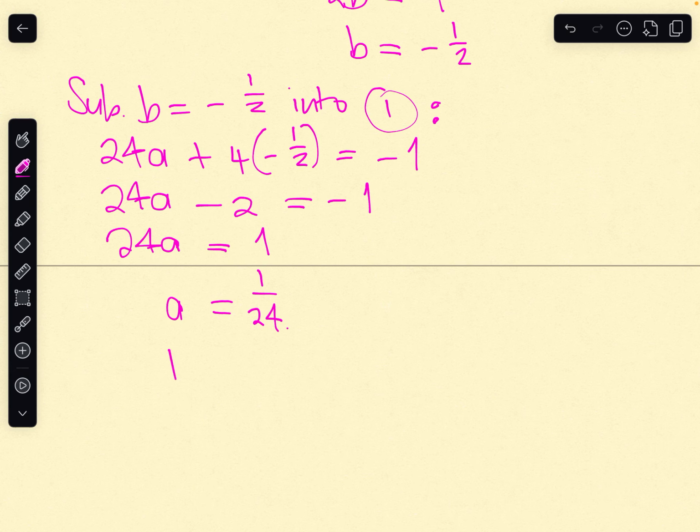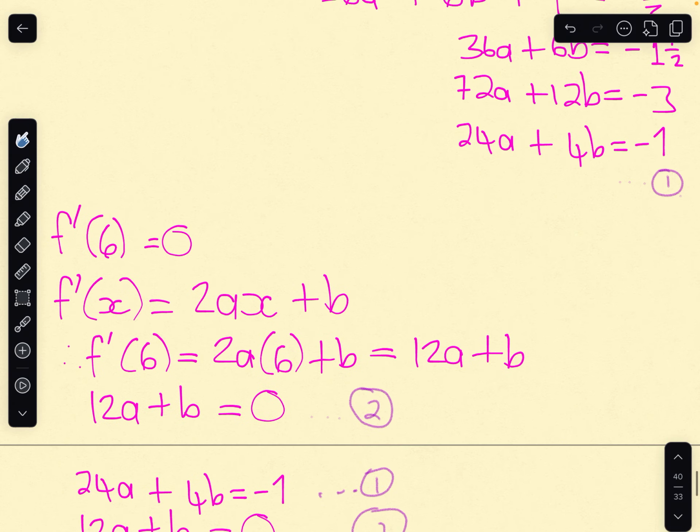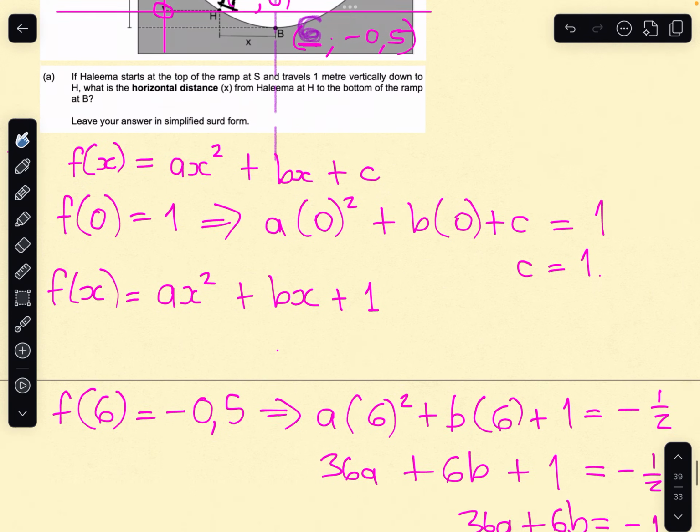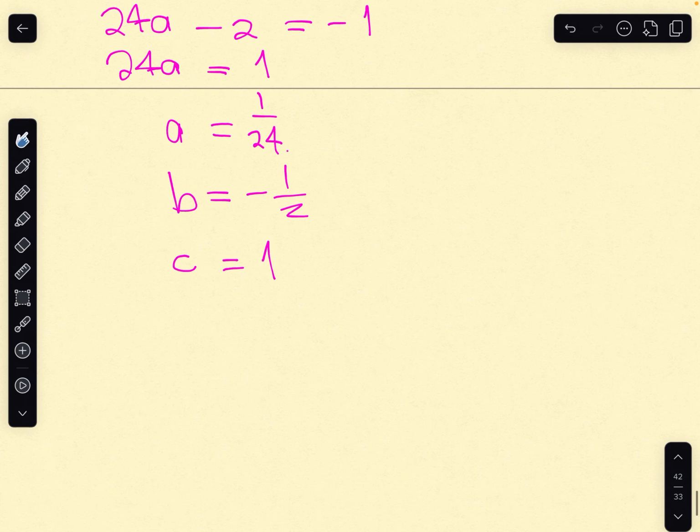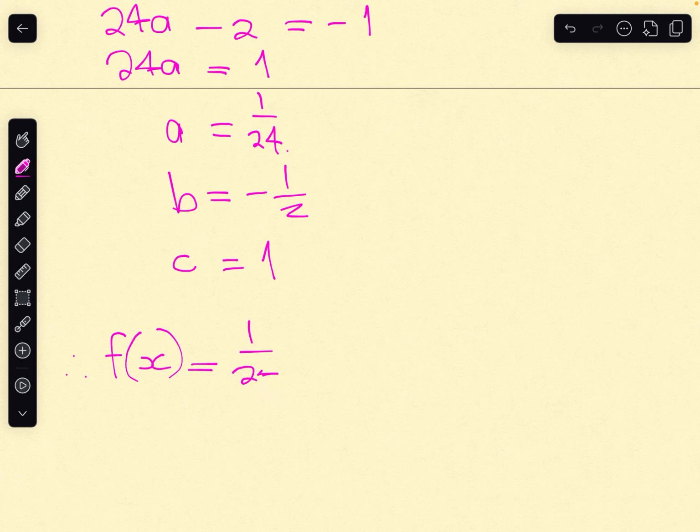So these are all the bits and pieces all together. So a is equal to 1 over 24, b is equal to minus a half, and c we found first to be equal to 1. So therefore the equation of our curve is 1 over 24x squared minus a half x plus 1.